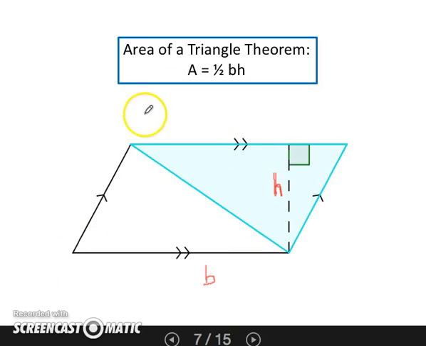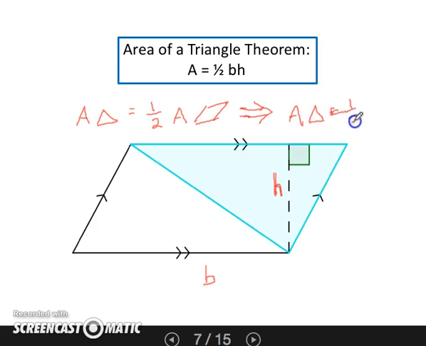So we end up with the area of the triangle being half the area of the parallelogram, because we could prove these two triangles congruent by SSS. Then we have that the area of the triangle is 1/2 base times height.